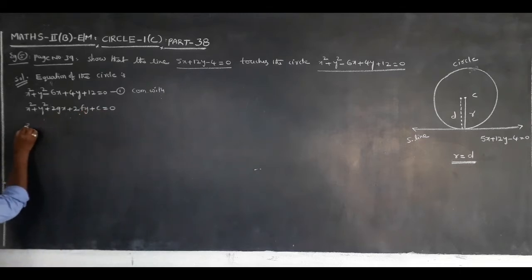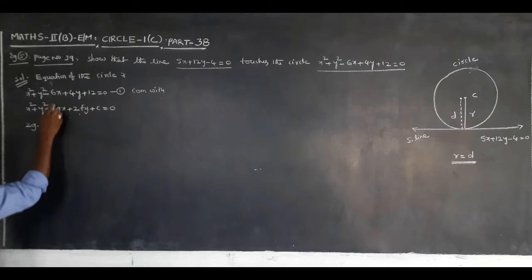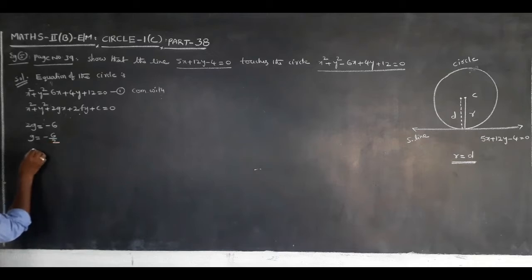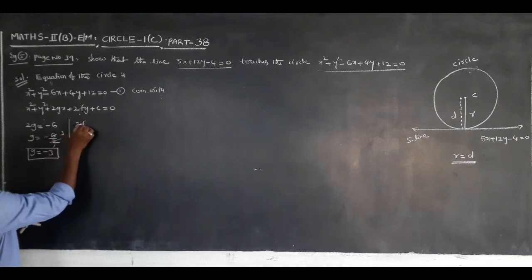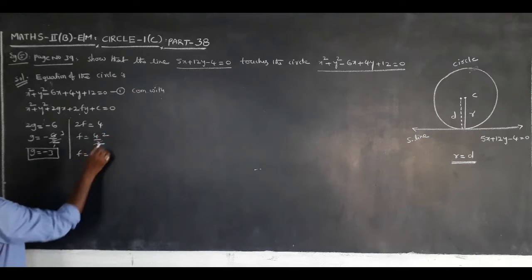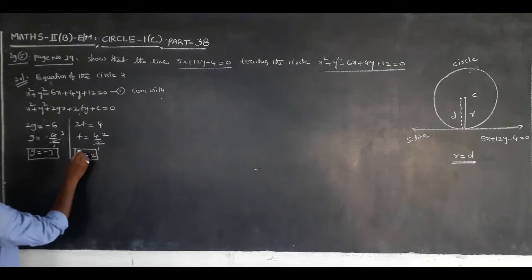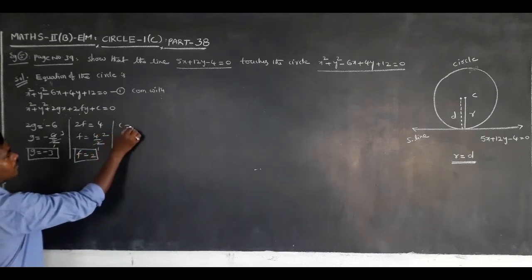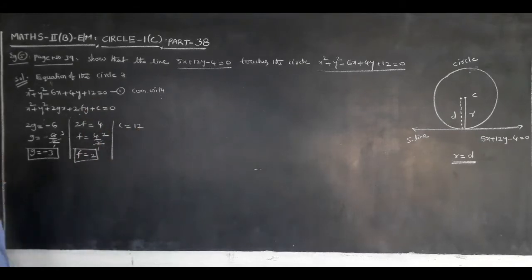The x coefficient: 2g = -6, so g = -6/2, g = -3. The y coefficient: 2f = 4, so f = 4/2, f = 2. The constant c is equal to 12.